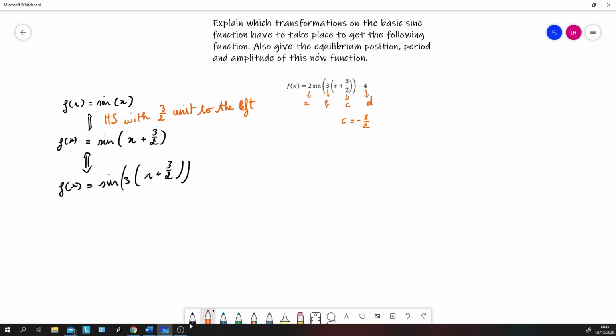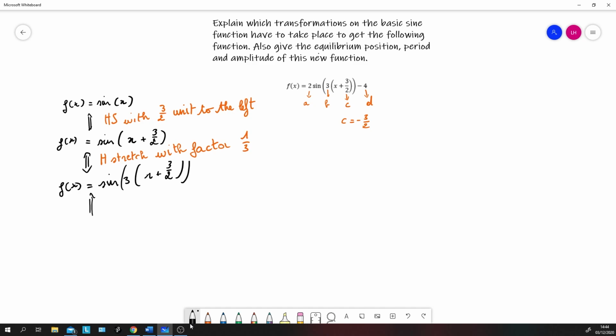It's a horizontal stretch with a factor 1/3. And why is it 1/3? Because if we multiply with a number bigger than 1, our period will become smaller. So it's not stretching, it's actually going smaller. So we multiply it with a factor 1/3.